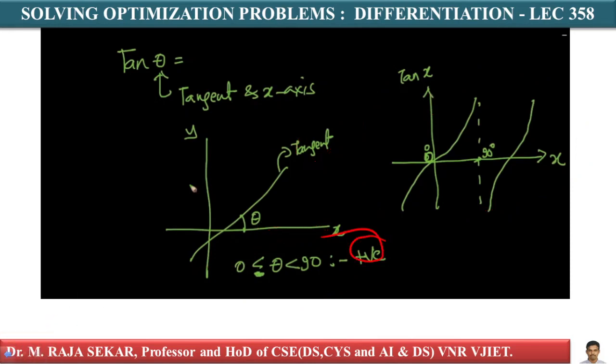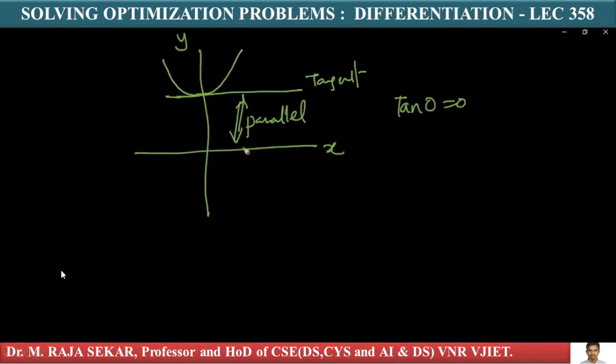Let me assume your tangent is like this. This is a tangent which is parallel to the x-axis, so tan 0 is 0. Tan theta is nothing but slope. You have the positive slope.